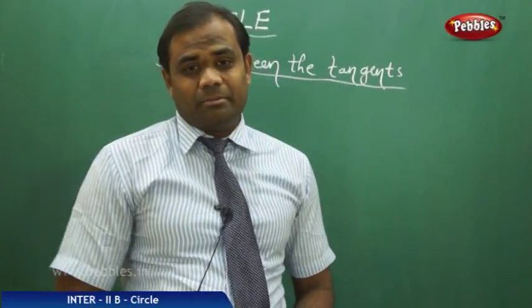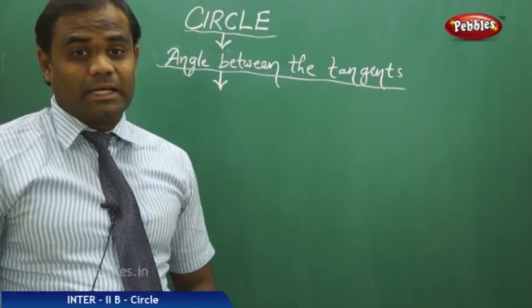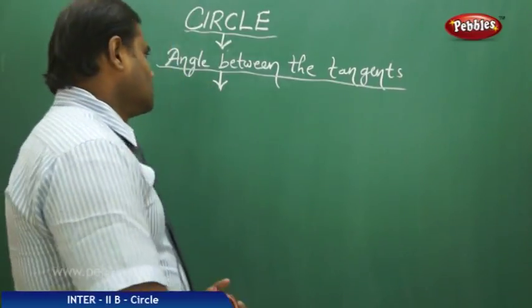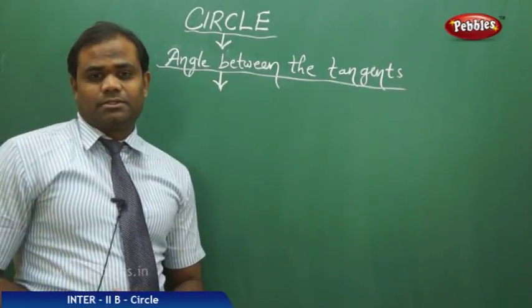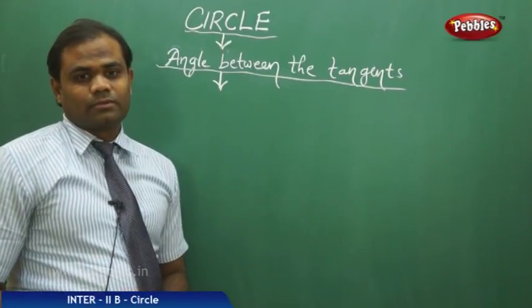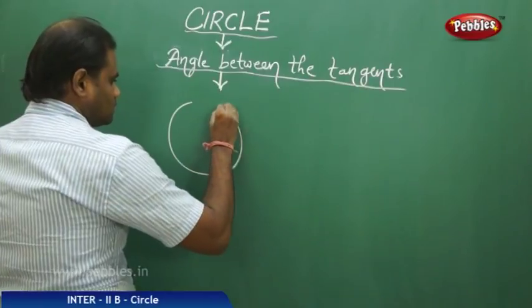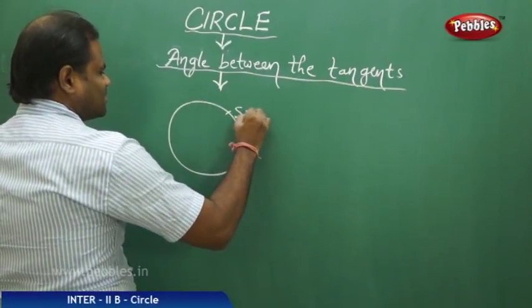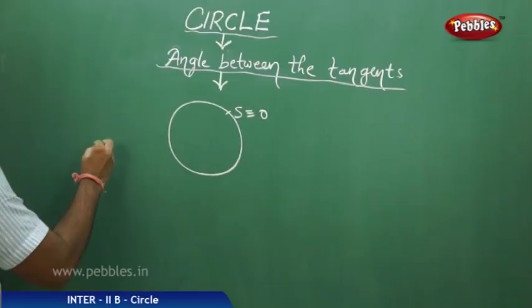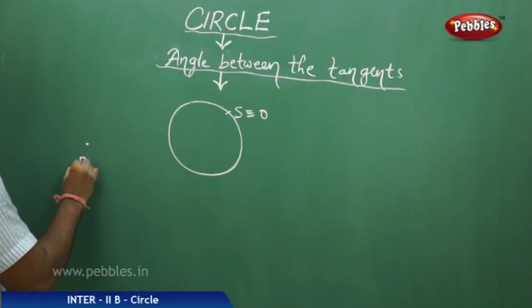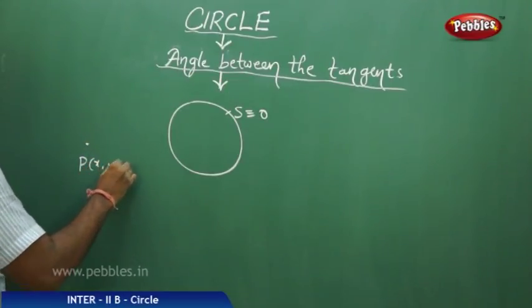Now let's see the angle between the two tangents for the circle S equal to 0. How the angle between the tangents is formed is the biggest question here. For example, I have a circle S equals 0 and a point P(x1, y1) outside the circle.